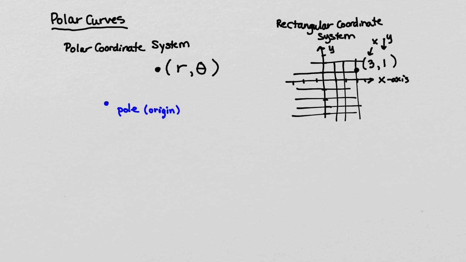R is the distance from the pole to the point, that's your r, or radius. And it's actually a directed distance, meaning we have positive and negative. That's what r is. It's a directed distance from the pole.